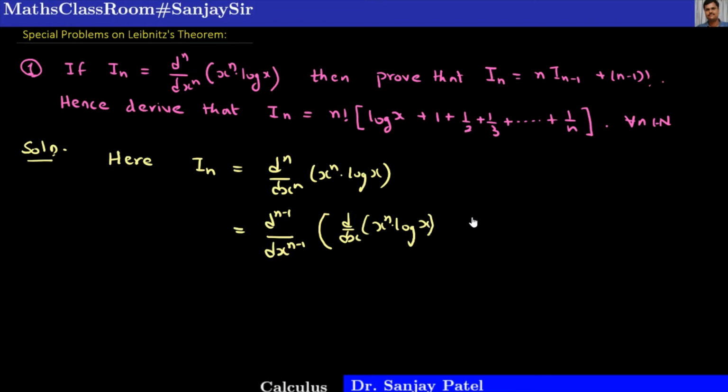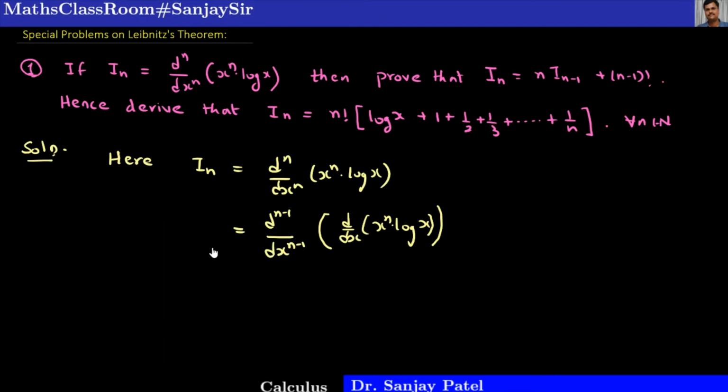And you know that if you take the first derivative of some function, then to find the nth derivative, you need to find the n minus 1th derivative of that first derivative. So then you will get the nth derivative of the required function.